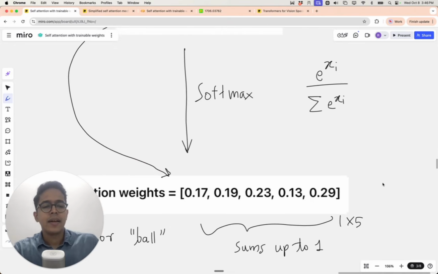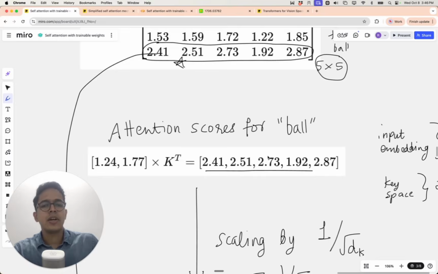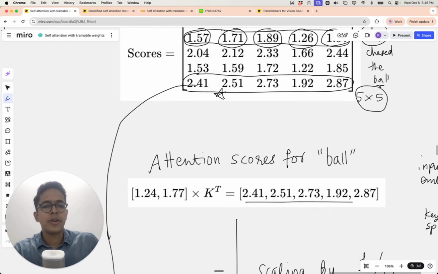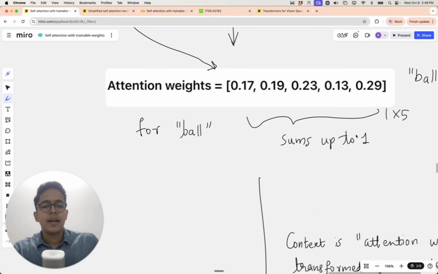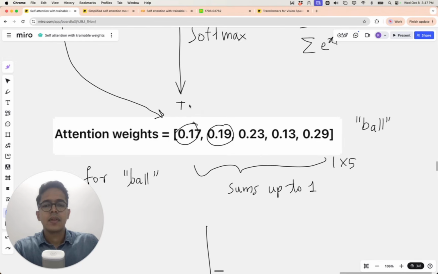Now here, ball is my query, because we are just focusing on what happens to this one row where ball is the query. These attention weights tell us ball should pay 17% attention to the first token, which is the. It should pay 19% attention to the second token, dog. The dog chased the ball.